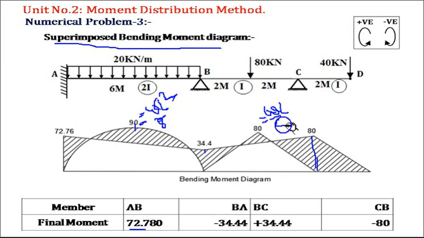The value of W is 80 and the length of the member is 4, so 80 into 4 divided by 4, we get the value as 80. As it is a point load, you have to show it by a straight line. So this is the free bending moment diagram and this is the fixed bending moment diagram, and the combination of these is called the superimposed bending moment diagram.